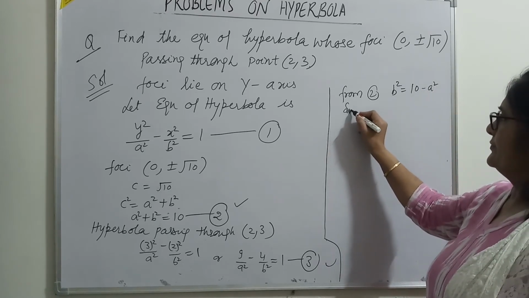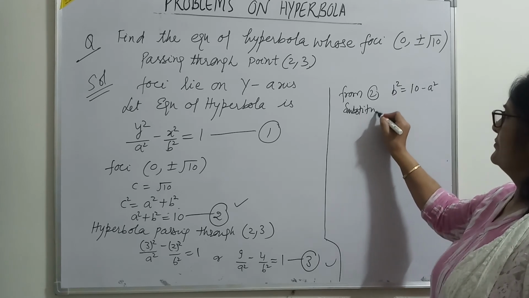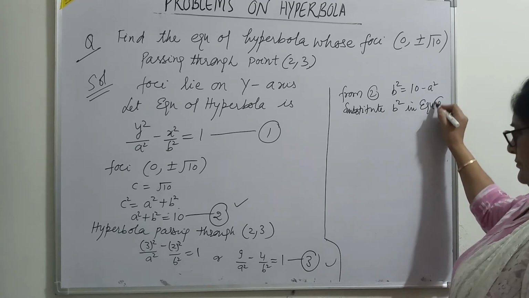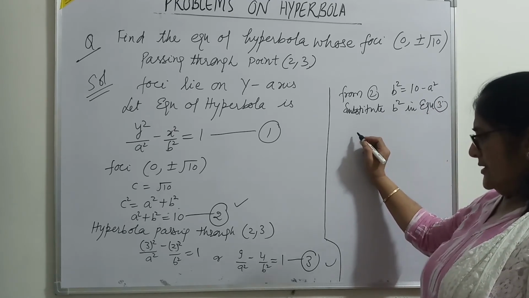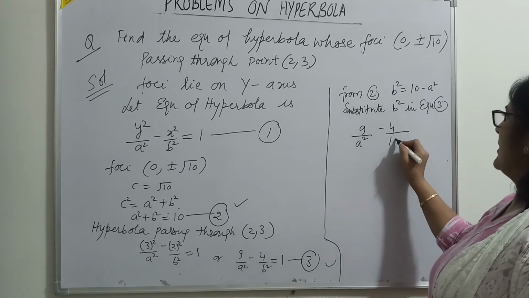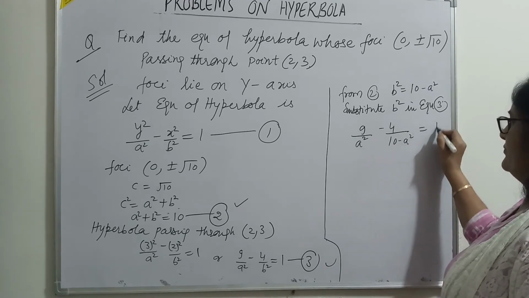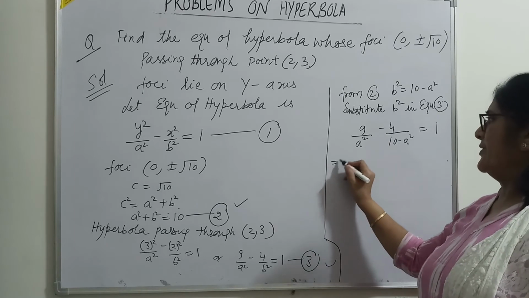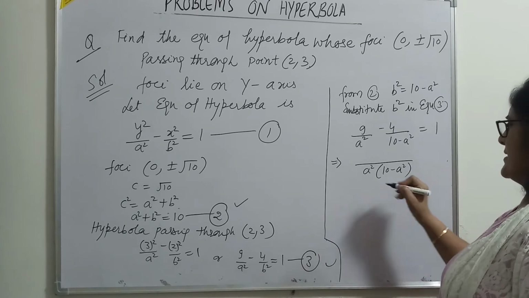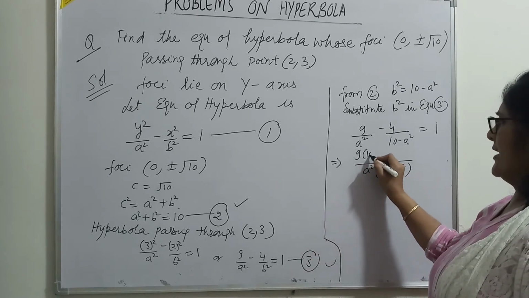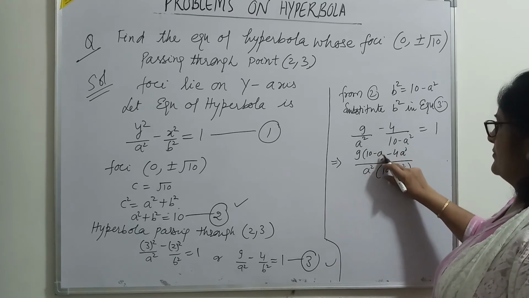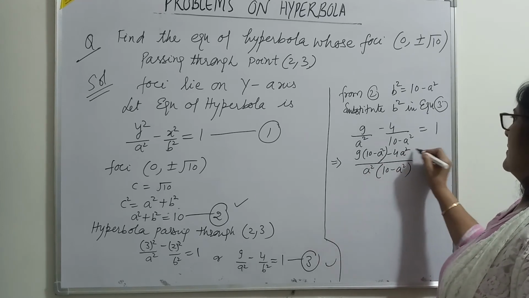Now substitute b² in equation 3. Equation 3 is 9/a² − 4/(10 − a²) = 1. Simplify, taking a²(10 − a²) as the LCM. So 9(10 − a²) − 4a² is equal to 1 times the denominator.